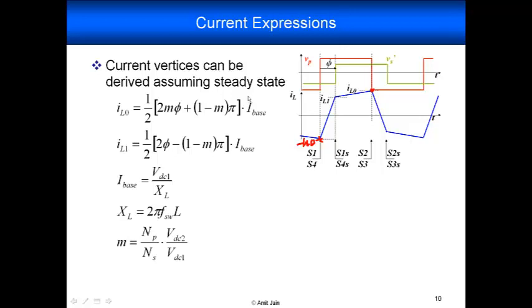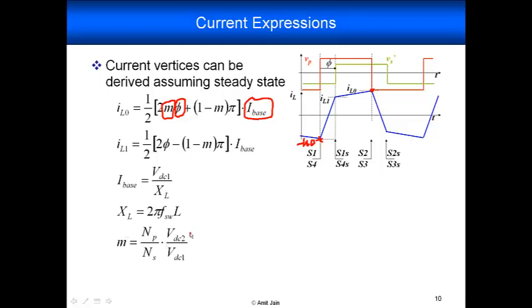The important thing to note here is that this part, I base, is essentially a constant depending on the input DC voltage, the value of VDC1, and the impedance of the leakage inductance L at the switching frequency, and the remaining part of the expression depends on the phase angle phi and the value of M, where M is the ratio of VDC2 prime to VDC1.